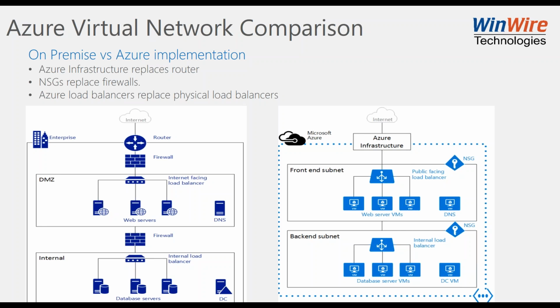And so you have the whole Azure infrastructure that you're not directly responsible for. The network security groups basically take the place of the firewalls. Then you can see where your web servers are and public-facing load balancers, and then you have your back-end databases and other services. You also have domain controllers that continue to stay in their place.